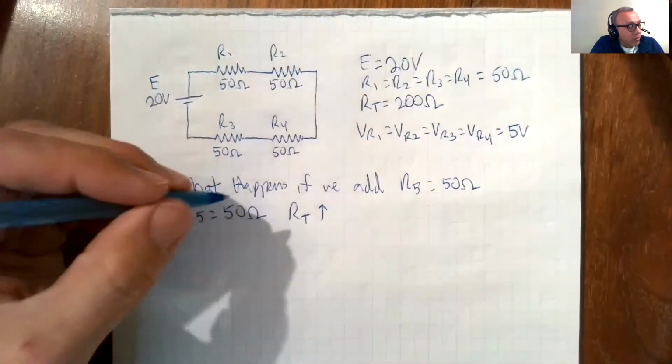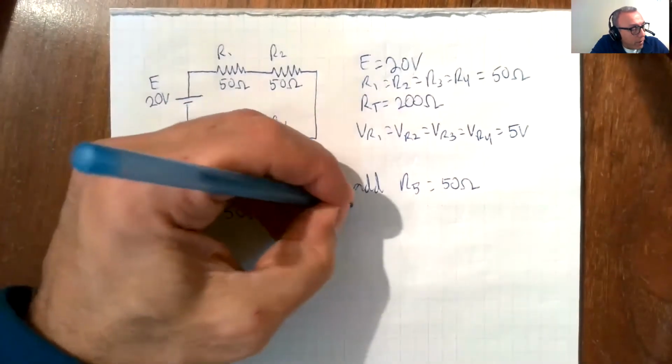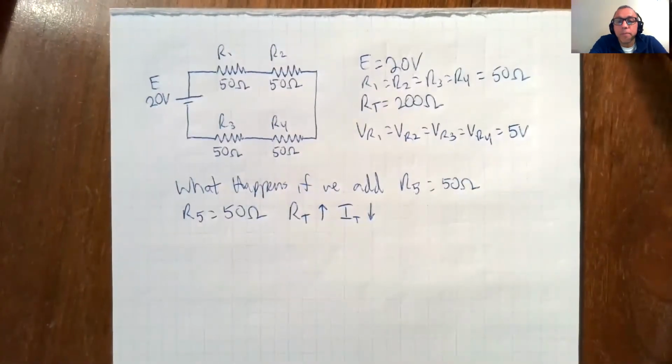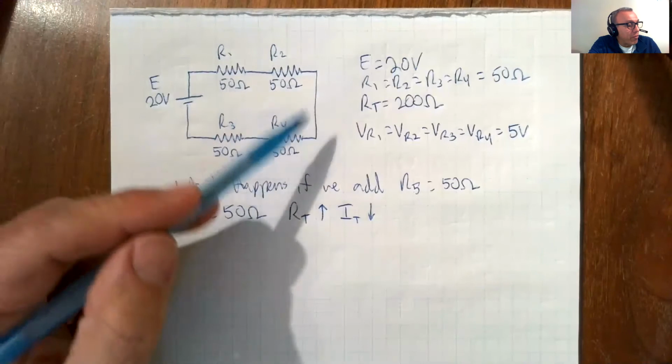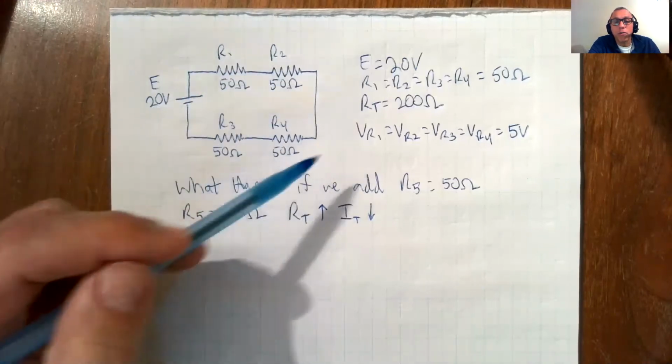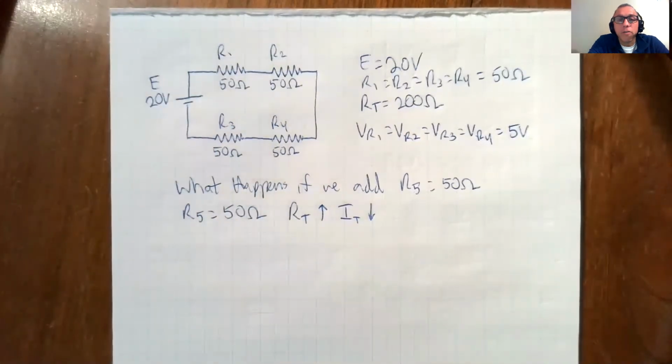So according to Ohm's law, if RT went up, then IT went down. Okay? Now we have 5 50 ohm resistors sharing that 20 volts, no longer 4. So what happened to VR1, VR2, VR3, and VR4? Right? So now we have a higher RT.